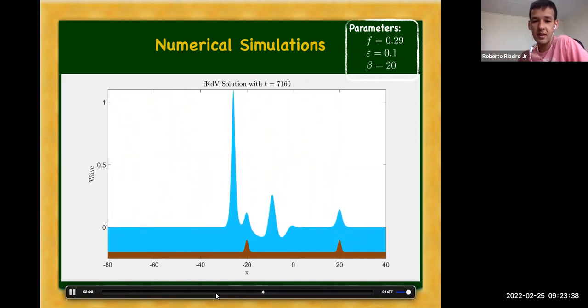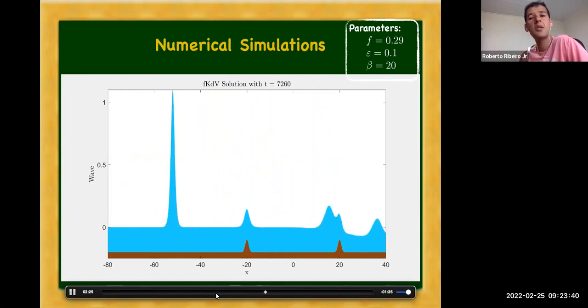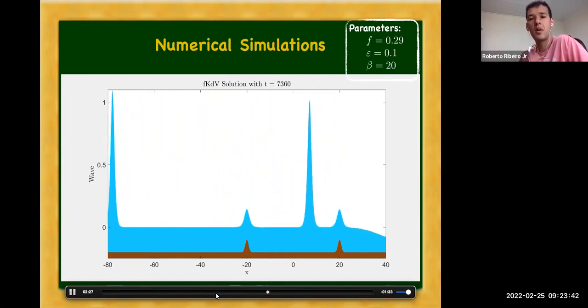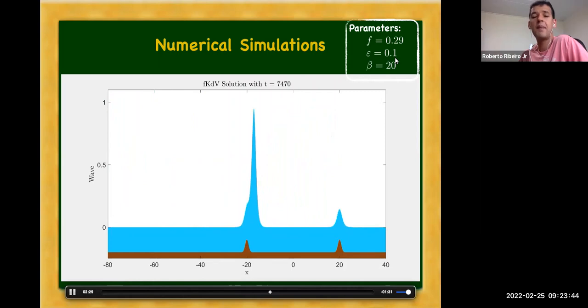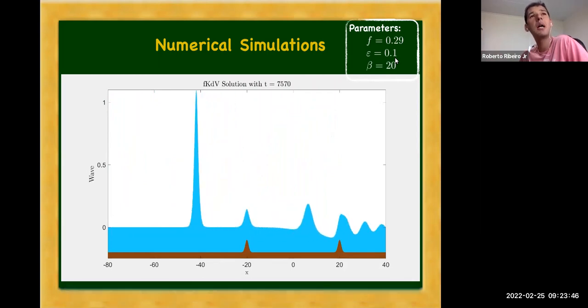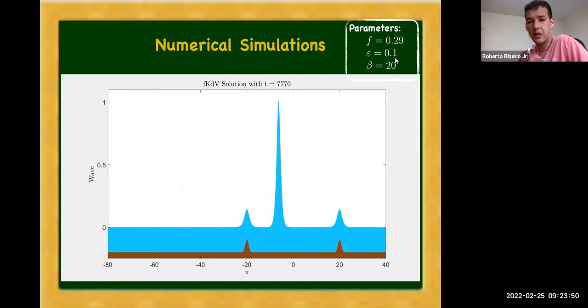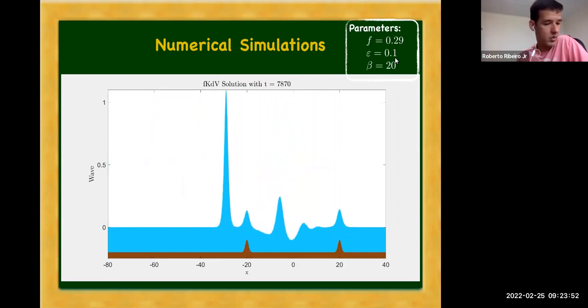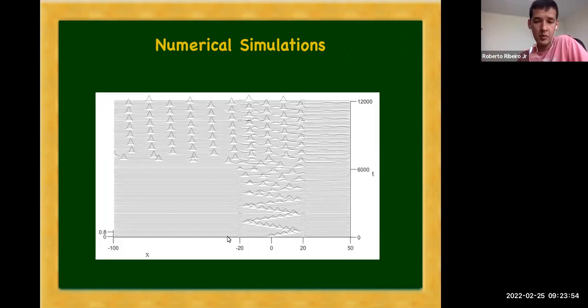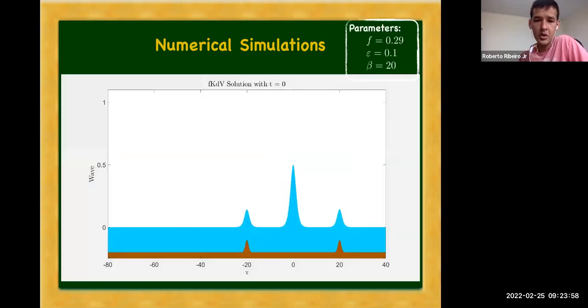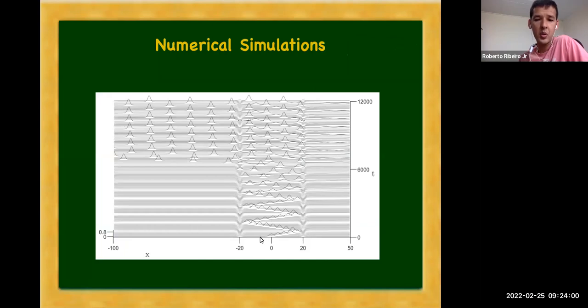So as I said, when we change epsilon, we see that some kind of resonant mechanism arises in the flow. Just because of time, I will show this picture, which is the same simulation, but displayed in a different way.